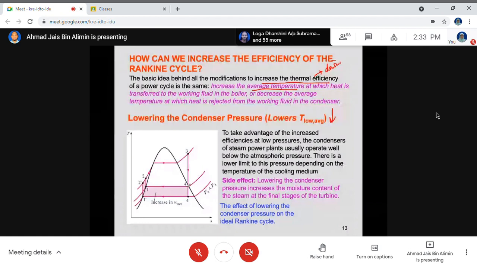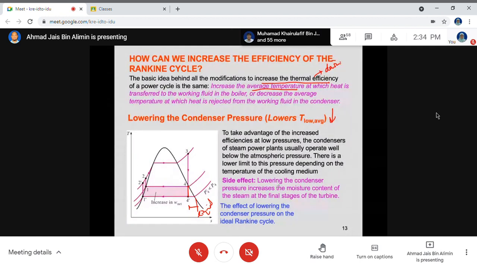Tapi bila terjadinya penurunan tekanan kondenser, so tekanan baru di sini dan dia dah pergi lagi ke tengah. So bila dia dah shift jauh daripada garis superheated ni, dah bermaksud kat sini sudah ada tambahan cecair, liquid, more liquid there in comparison to this one.